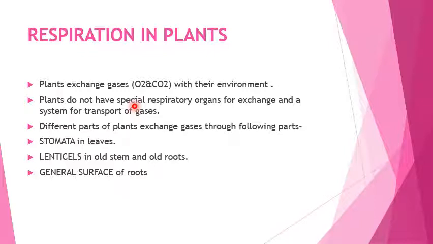In our previous chapter on life processes, plant nutrition, that is photosynthesis, exchange of gases takes place. But the plant always takes in O2 and releases CO2. But that CO2 is utilized by the plant for photosynthesis and then ultimately releases the O2.